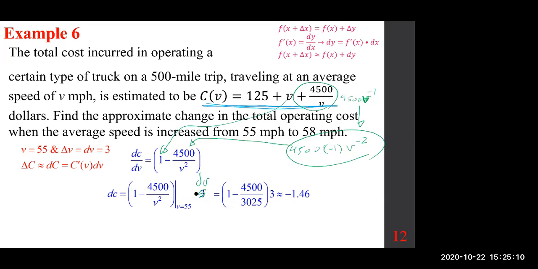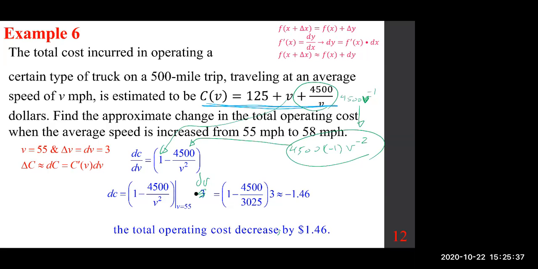The total operating cost decreases by this much, okay? The total operating cost as a result decreases, class. And so that's important to see. It decreases by this much.